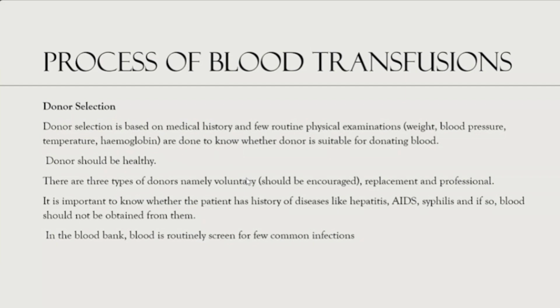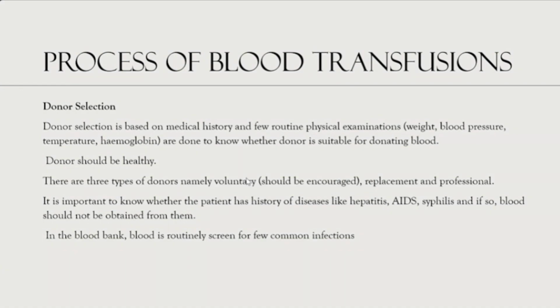So the donor selection is based on medical history and a few routine physical examinations. For example, the weight. If someone is going to donate blood, their weight should be greater than 45 kilograms. Their blood pressure should be in normal range. Their temperature and hemoglobin should also be in the normal ranges. And these are done to know whether the donor is suitable for donating blood. So the donor should be healthy.